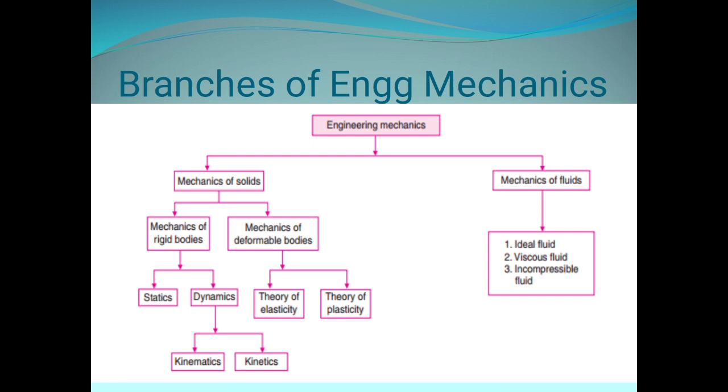First one is theory of elasticity, and the other one is theory of plasticity. So elastic condition means it regains its original shape after the application of pulling force. And theory of plasticity means the body undergoes deformation and it does not regain its original shape after the removal of forces. So that one is called as a plastic condition.